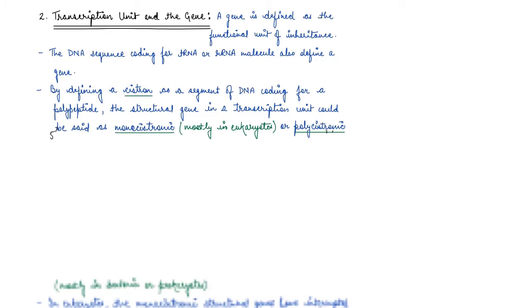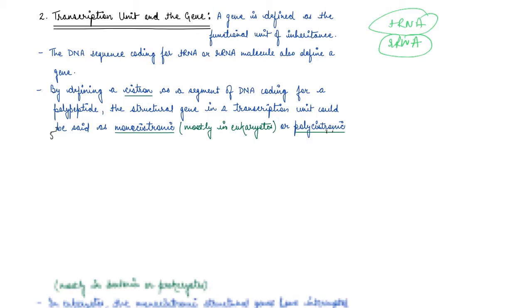But it is very, very difficult to define where it is located in terms of DNA sequence. A DNA sequence coding for a transfer RNA or ribosomal RNA molecule also defines a gene, right?